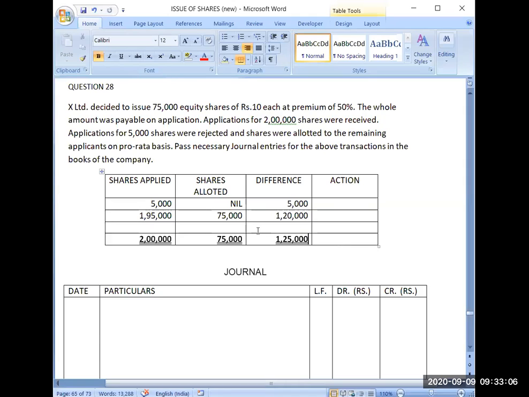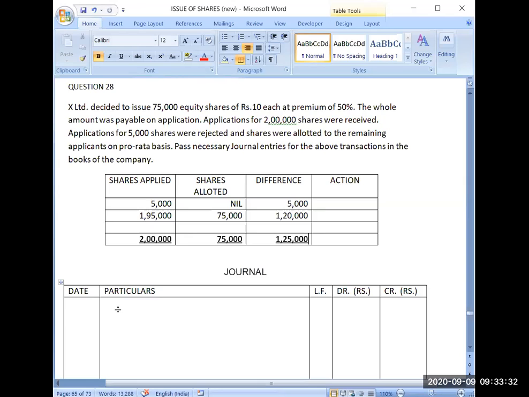Okay. So now we have calculated how many shares have been allotted, how they have been allotted, how many applications have been rejected. Each and every piece of information is before me in tabular form. Now I will proceed to the entries, and how I will be doing the entries, that I am showing you.